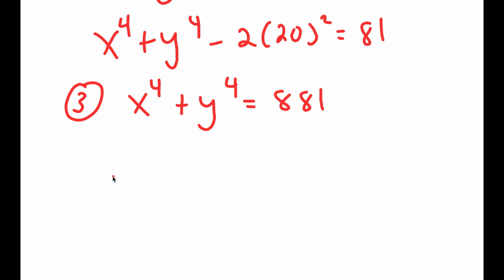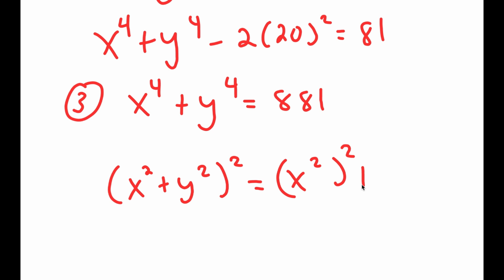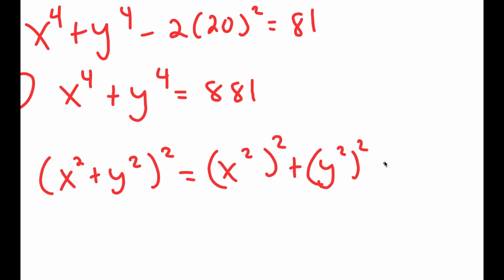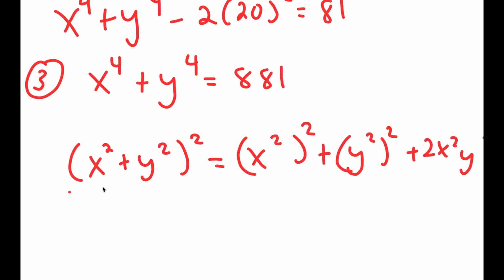So now, I have (x squared plus y squared) squared, and we know this is equal to x to the power 4 plus y to the power 4 plus 2x squared y squared. We already know this because this is an algebraic property.